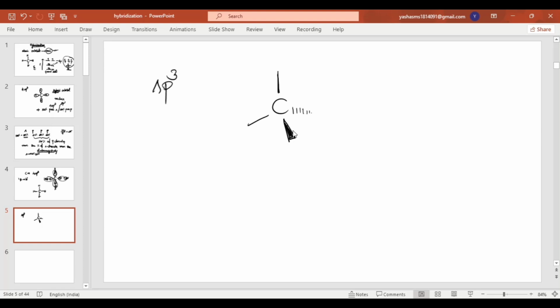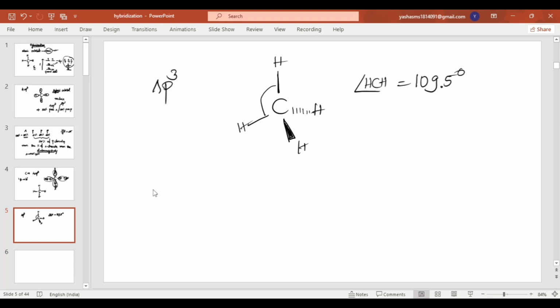This bond is towards the observer, and this bond is away from the observer. What is the bond angle? Taking methane as the example, what is the bond angle from one C-H bond to another, that is, the angle between H, C and H? You have to write it as 109.5 degrees.